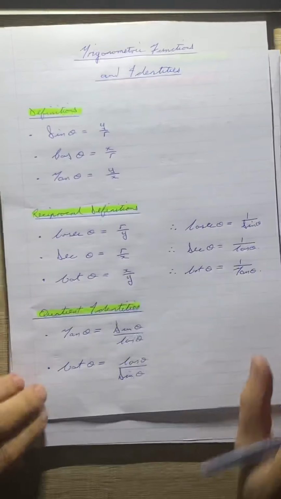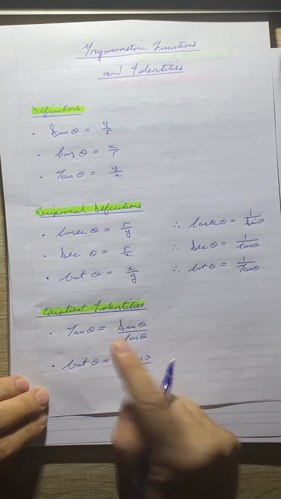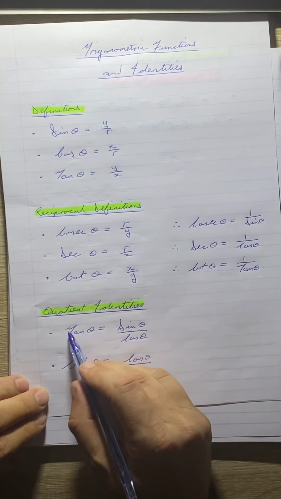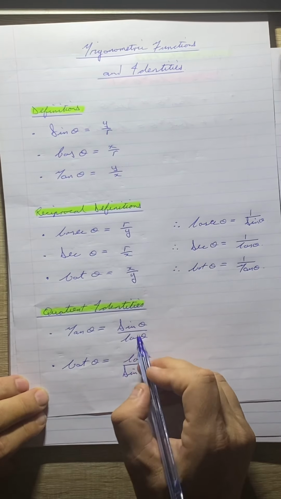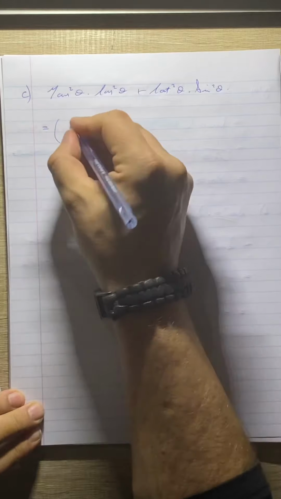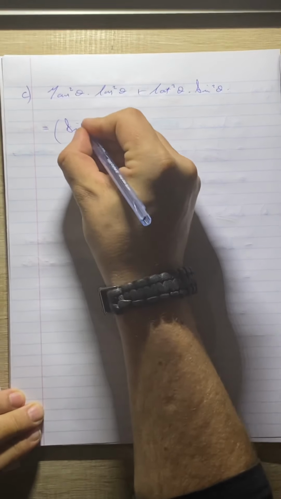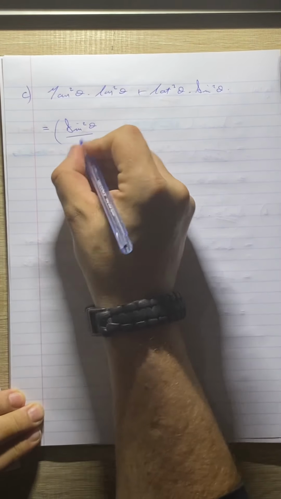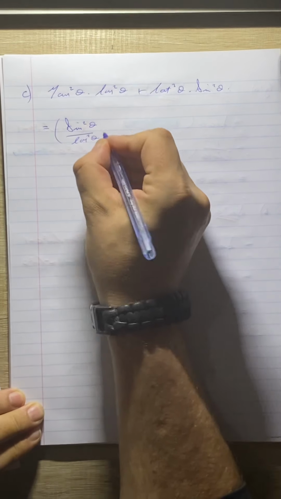So you can see here that tan is sine over cos, but if we had to square this to be tan squared, it would just be sine squared over cos squared. And that's what I'm going to change that one to. So this becomes sine squared theta over cos squared theta.